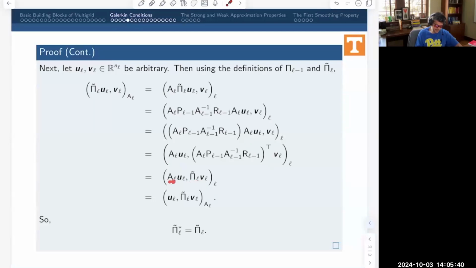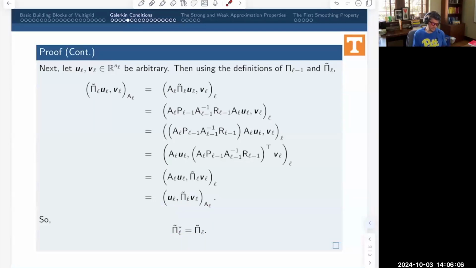We're still in the L inner product, so let's bring that guy out. Finally, we get this. So this shows that when we move this guy to the other side, it remained the same, and therefore, generically, this has to be the adjoint operator. So this is pi L tilde star, but we showed that this comes over and it remains itself, so this is our self-adjoint statement.